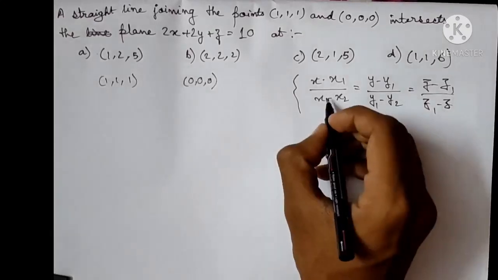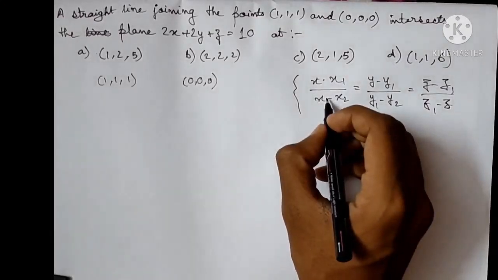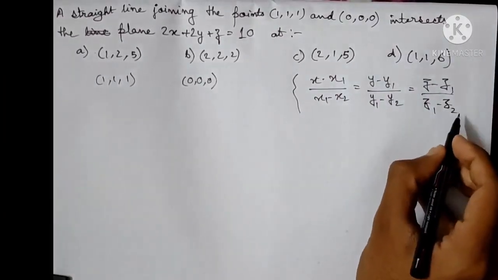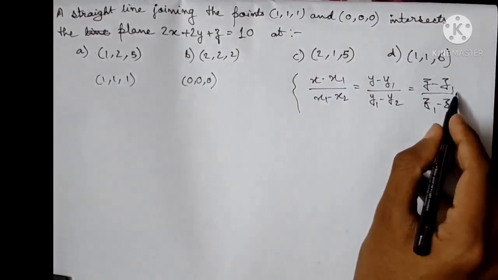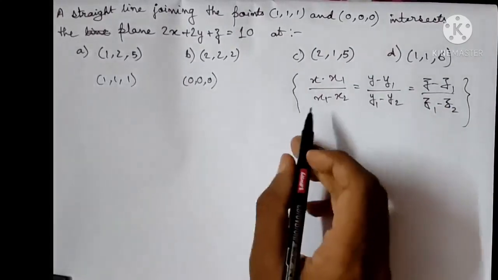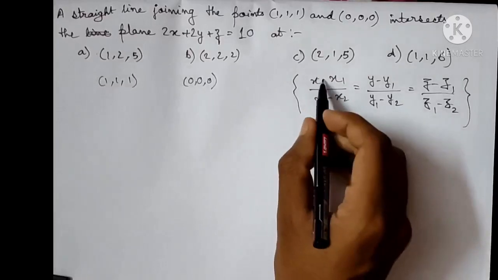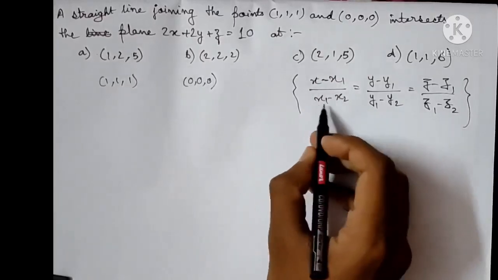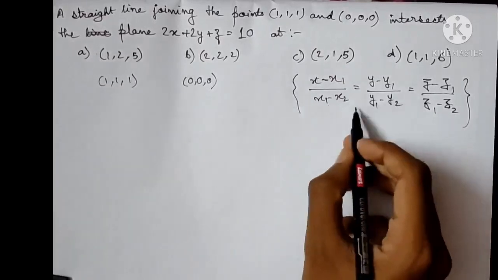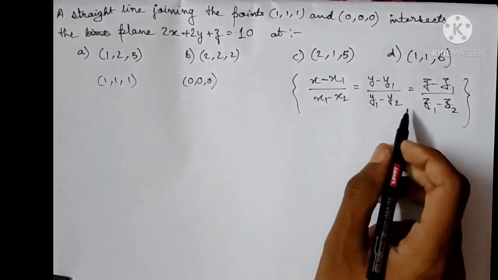Sorry, I made a mistake. Okay, actually this is also true. But what you saw in the previous one is just the opposite, that is x2 minus x1, y2 minus y1, z2 minus z1.